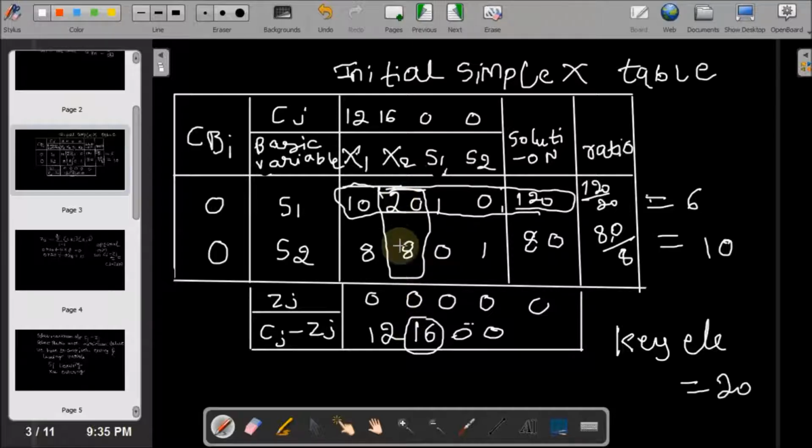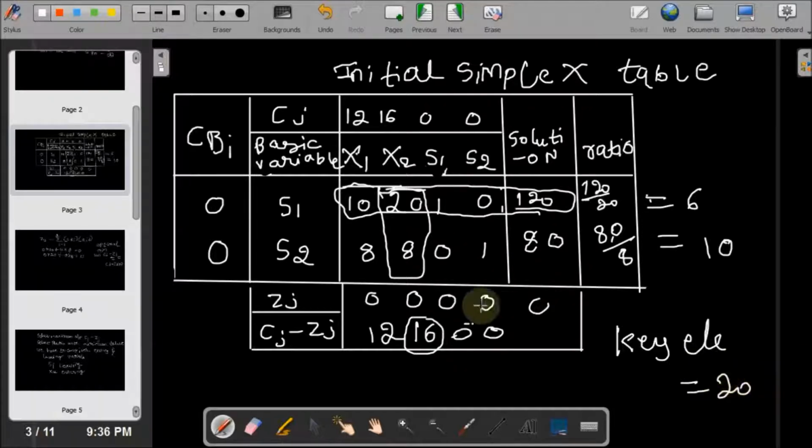To find the key row, you have to find the minimum ratio of solution and corresponding column values: 120 by 20, 80 by 8. The minimum value is 6, so this row becomes the key row. The key column and key row intersect, and that intersection point, 20, will be your key element.